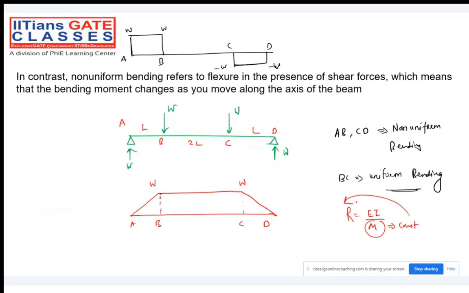Now let's discuss some beautiful concepts of bending stress. Done?